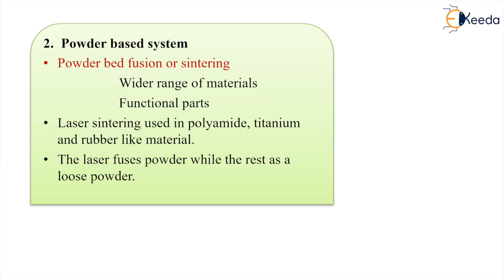So here the powder of the material is fused by the laser. The lasers are incident on the powder bed, and only the part of the powder which is going to produce the part will fuse, and the remaining powder will stay as loose powder.